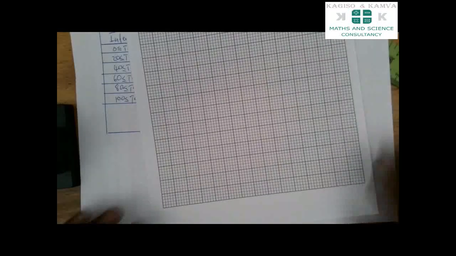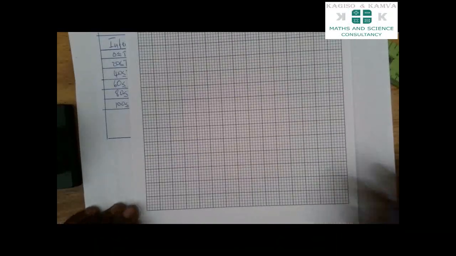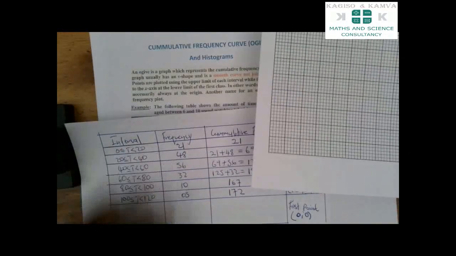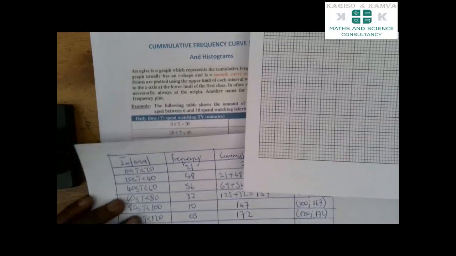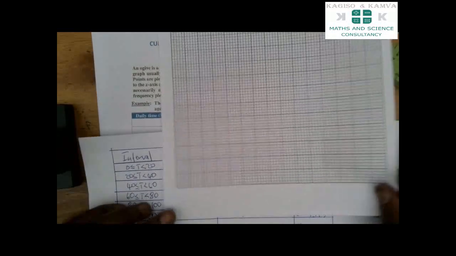Now we are going to use this graph sheet to plot our ogive. On this side we have the daily time spent watching TV in minutes.